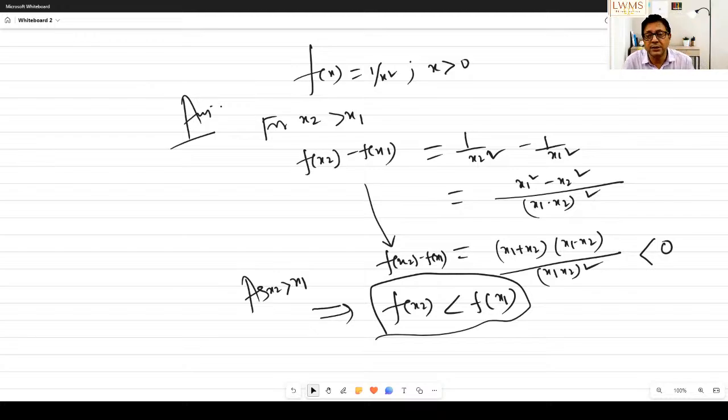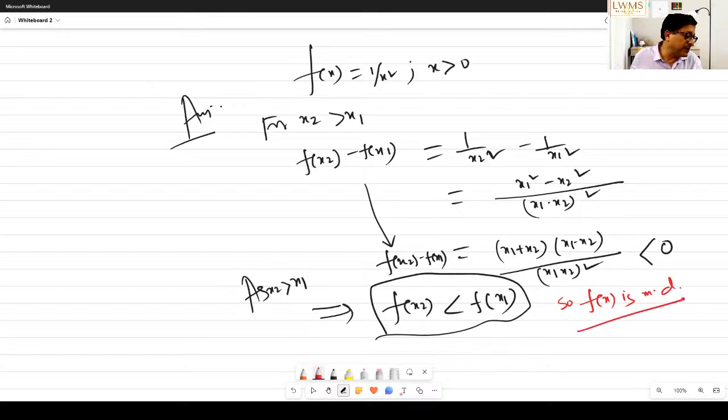Therefore f(x) is a monotonically decreasing function. Clear? Done?